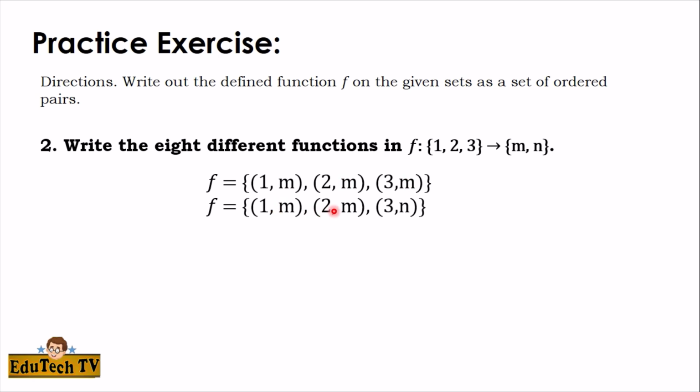Para maging 1m, 2m, 3n. Okay, napalitan na yan. And then ililipat natin yung n dito at babalik natin yung m. Second naman, so we have 1m, 2n, 3m. So notice walang nauulit na x, di ba? So that's still function.